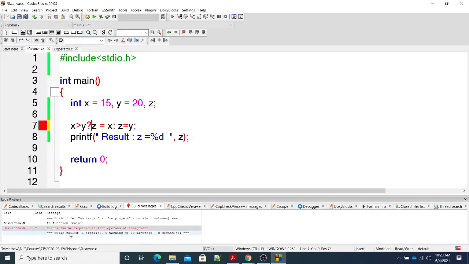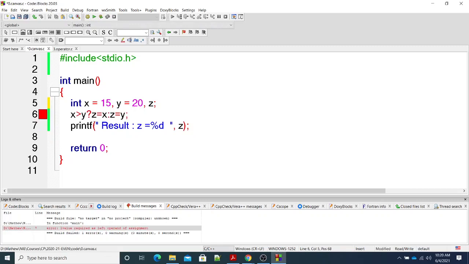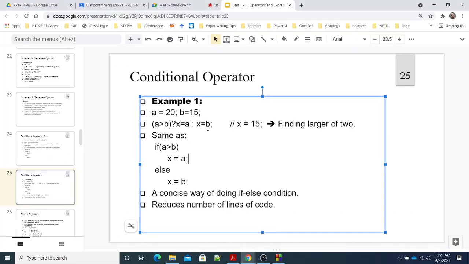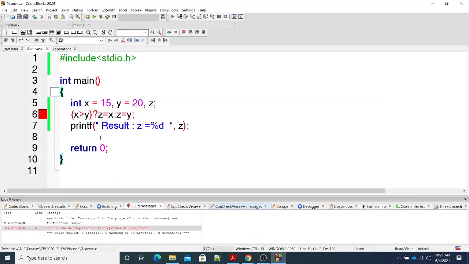I get a compilation error. Let's see, L value. Some issue.